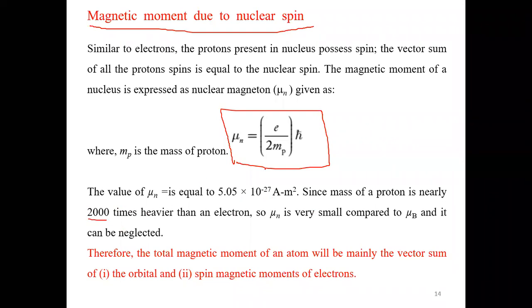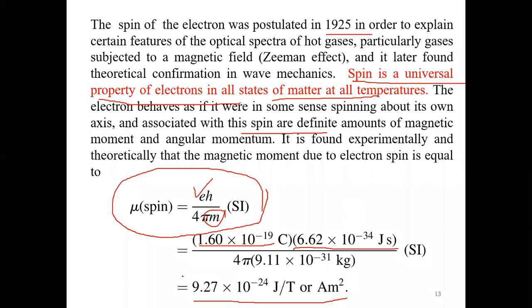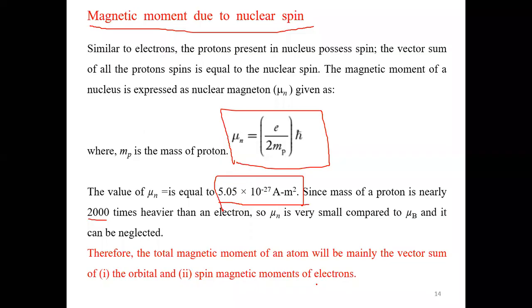So this magnetic moment will be very small compared to the magnetic moment of the electron. Because the proton is nearly 2000 times heavier than an electron, mu n is very small compared to mu B, and it can be neglected. Okay, so the magnetic moment due to the nucleus can be neglected.